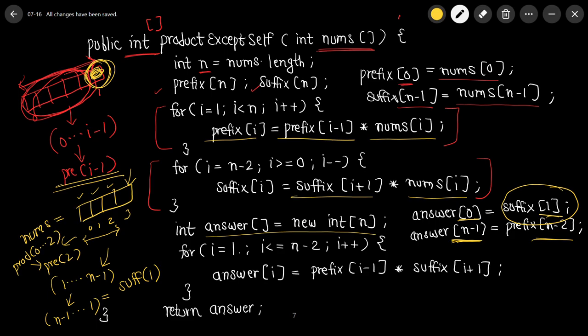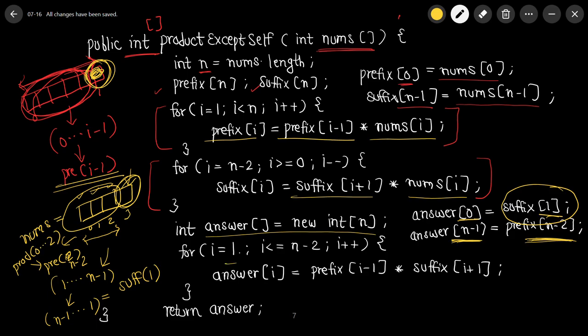Sorry, prefix of n minus 2. Here it is coincidentally true. It's 2 here, but it would be n minus 2, since apart from n minus 1, we want product of everything starting from 0 till n minus 2. So that's why we filled answer of n minus 1 with prefix of n minus 2.